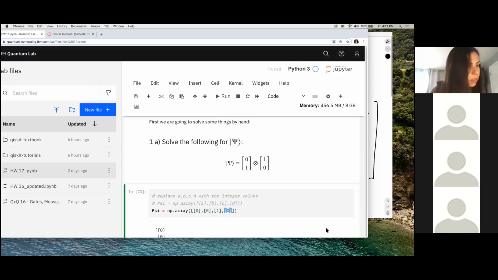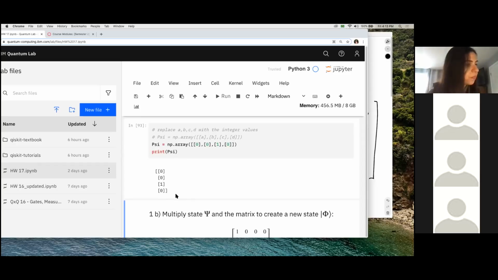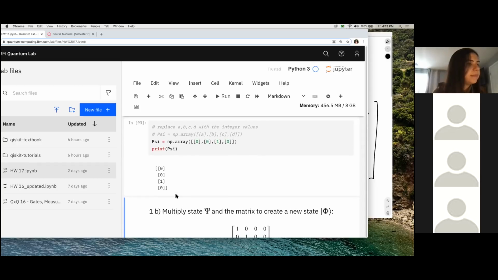We need to either call this variable, or if you want to get rid of the word array, you just print the variable. If you just want to see the vector, you don't need to print it, but if you want to see it nicely, you print it. It's up to you. So that's how we write the vector.